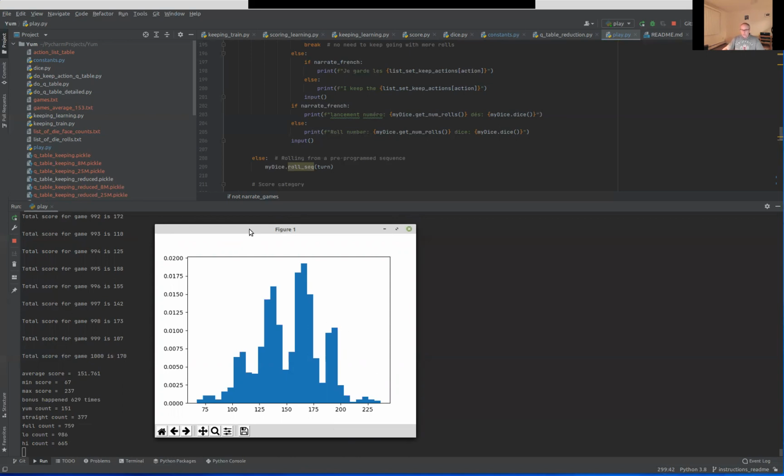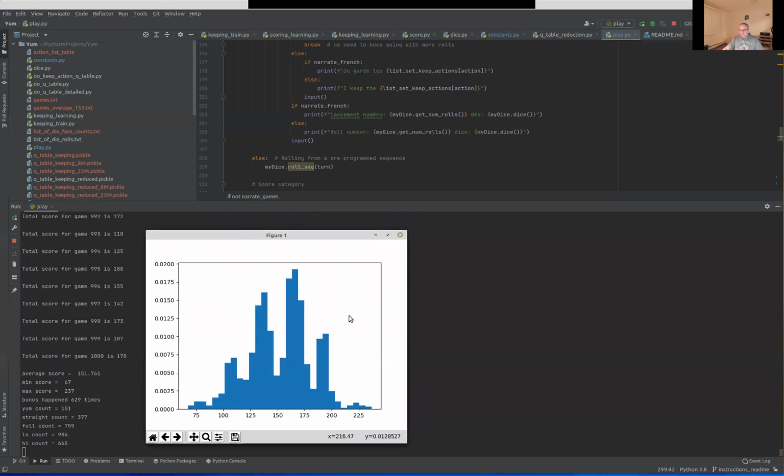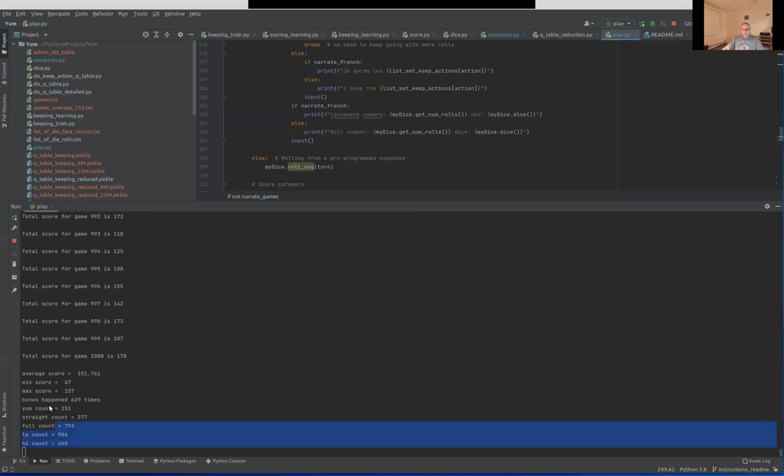The histogram is not super interesting, but what's more interesting is the results right there. So in 1,000 games, we had an average score of almost 152.